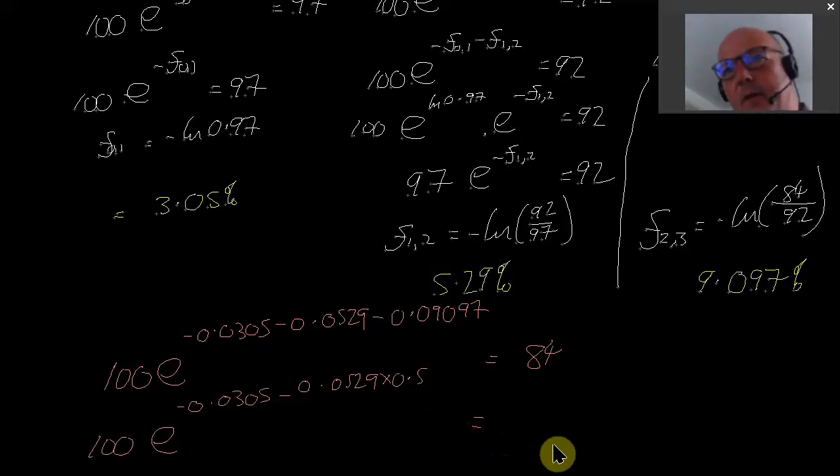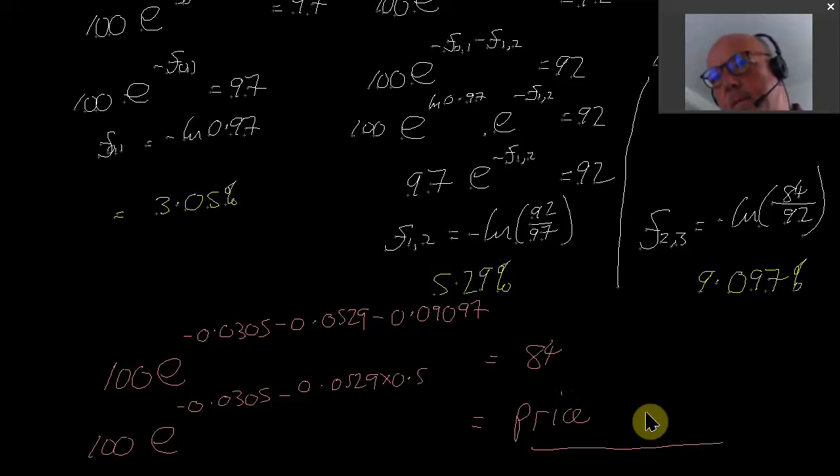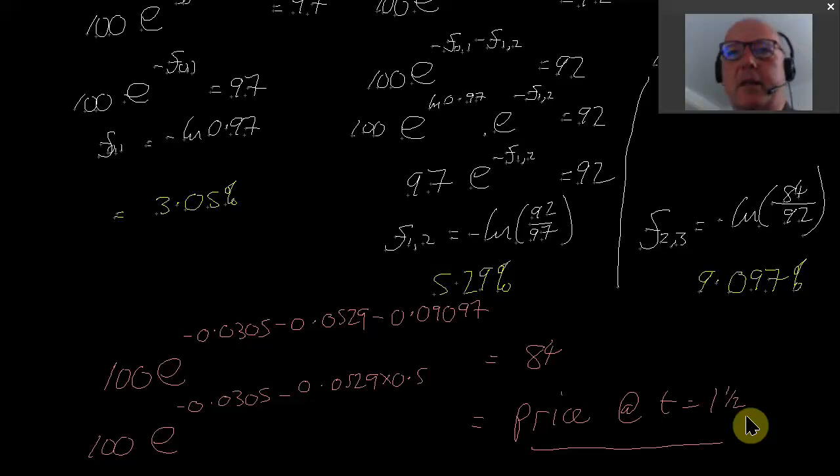Okay, that will give us the price at t equals 1.5. So we can reverse engineer the entire yield curve from the bond prices, and once we reverse engineer the entire yield curve, we can then calculate the price of any bond at all. Okay, easy.